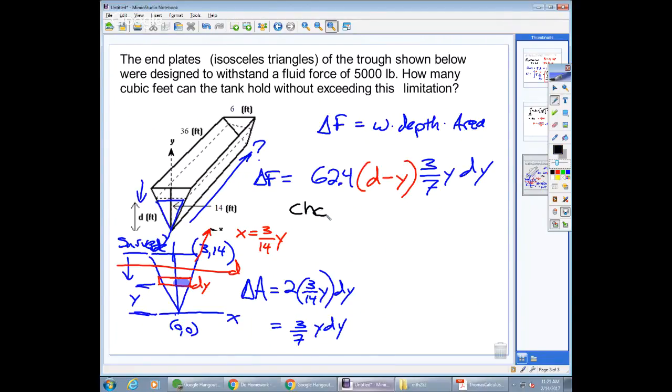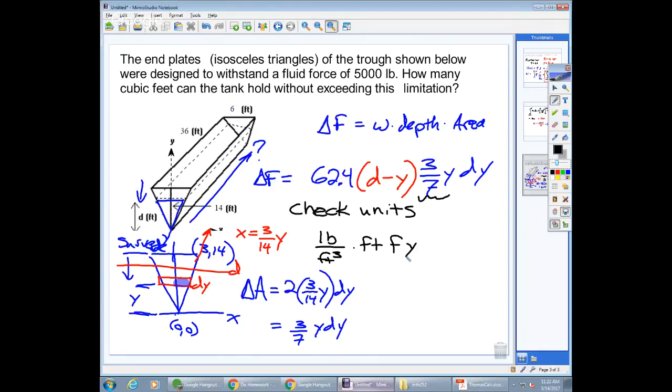So I'm just going to pause to check units here. It is pounds per cubic feet. Yep. So that's pounds per foot cubed. And then the depth is measured in feet. And 3/7 y is measured in feet.